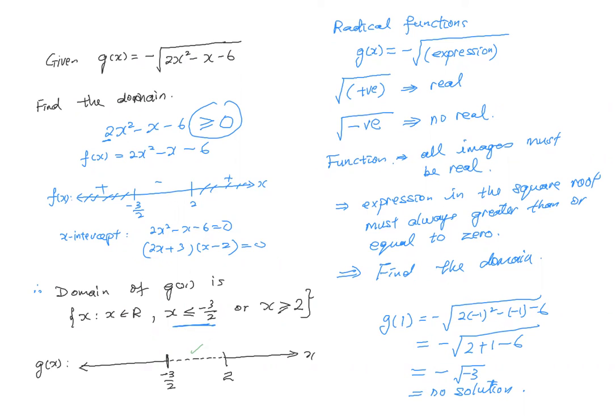Oh, because this is a polynomial. When it comes to polynomials, as long as there's no repeated root, as long as the coefficient of the highest degree is positive, you start from the right: positive, negative, alternate. For any polynomial, you can do that.